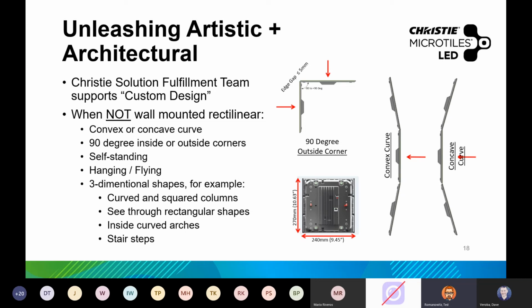If facets are okay, we can again go anywhere from a fraction of a degree all the way up to 90-degree corners, which is illustrated in the top left picture. This shows a perfect 90-degree outside corner. Very, very difficult to do with LED technology.